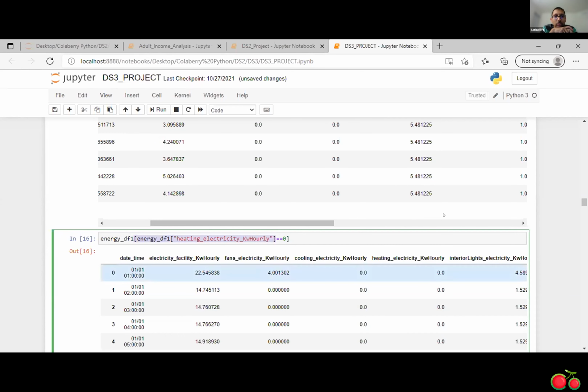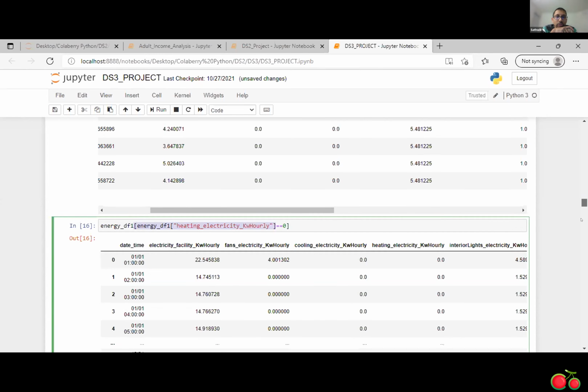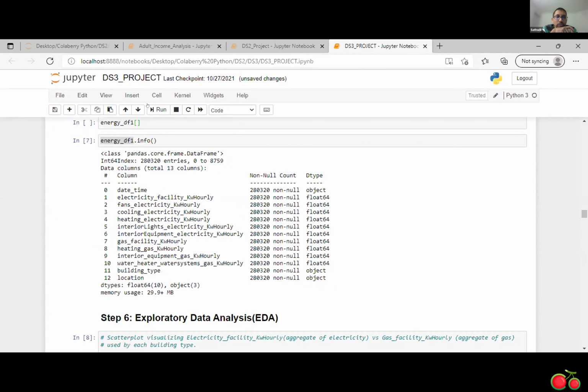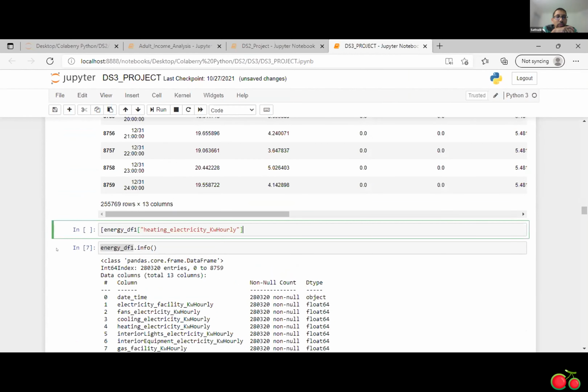And then you should remove the initial square brace that you copied. Paste it here. Remove the square brace in the starting.